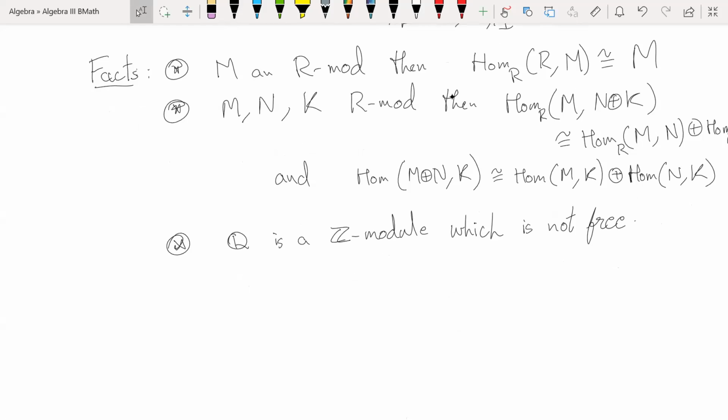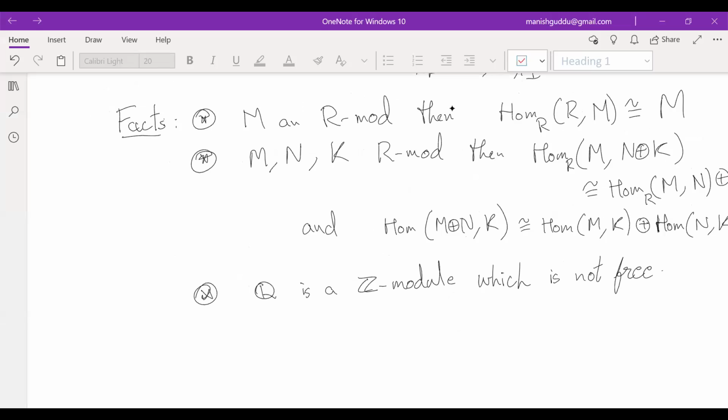Have you seen the structure theorem for abelian groups? No, it was not taught in Algebra 1. It was just hinted by Professor Nayak. Anyway, I think we'll see this in this course.